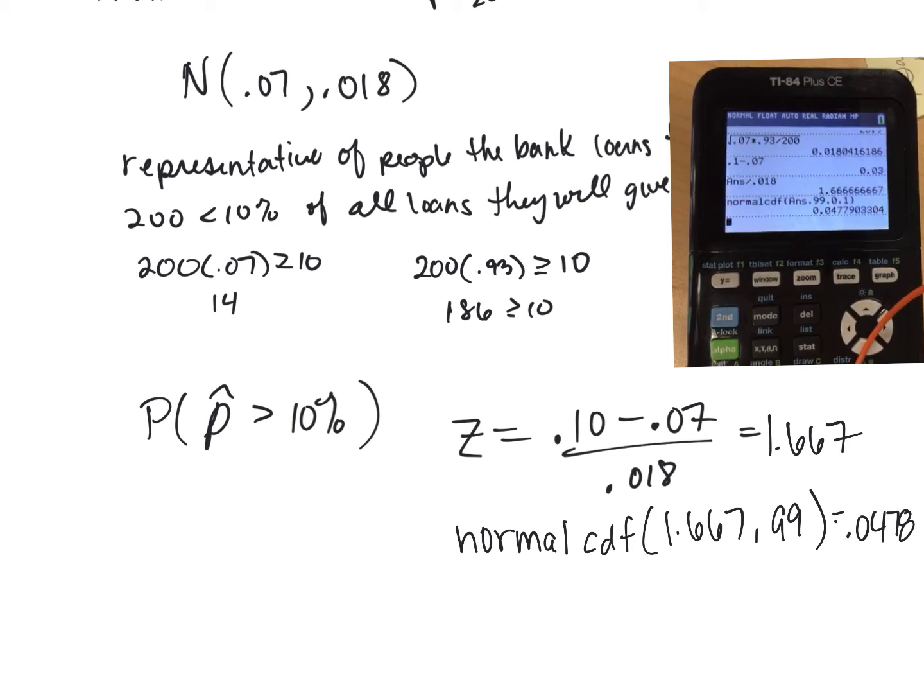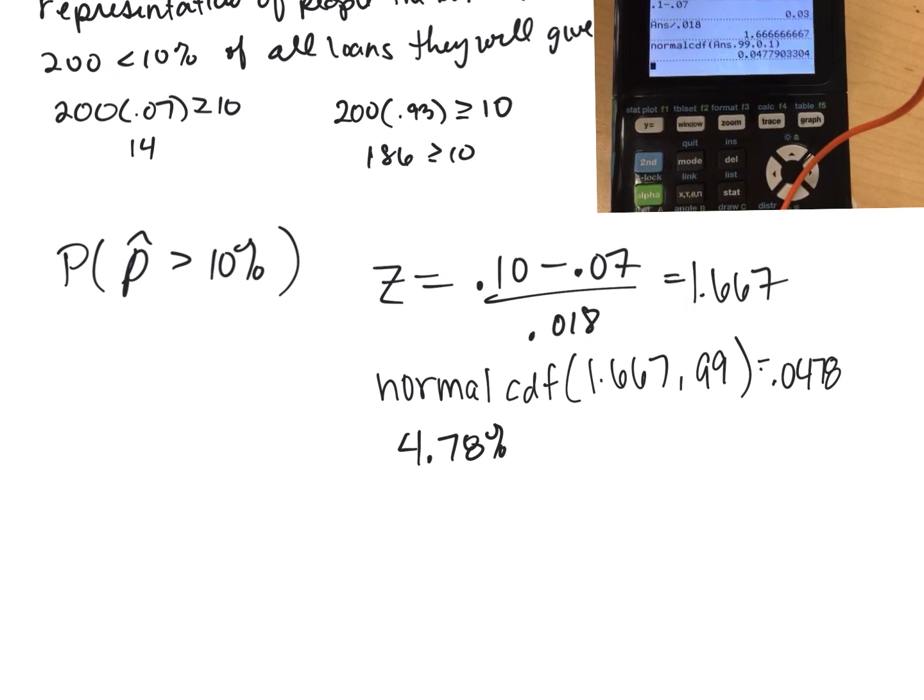So there is a 4.78% chance that over 10% of those 200 people do not make their payments on time. 4.78% chance. The decimal point moves twice.